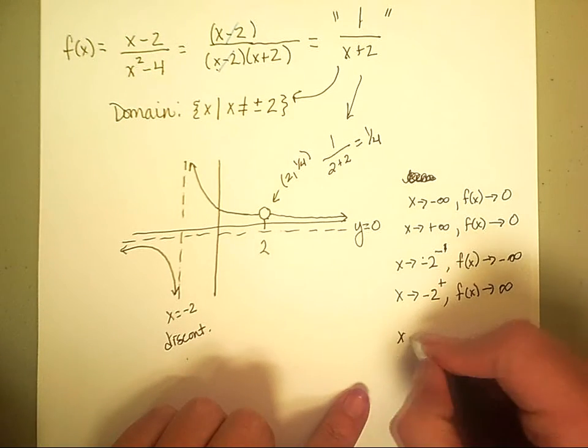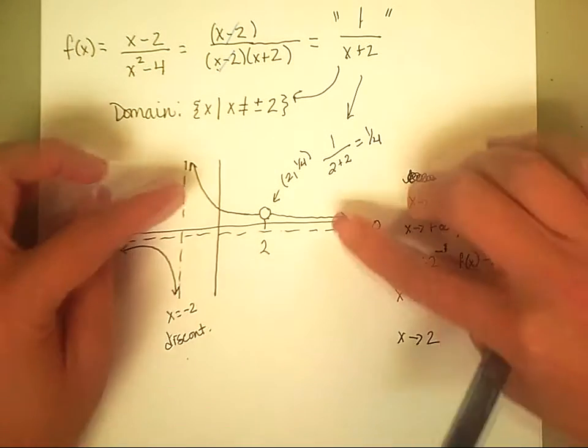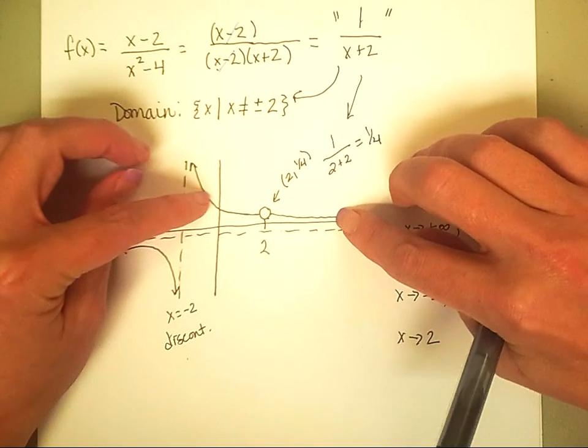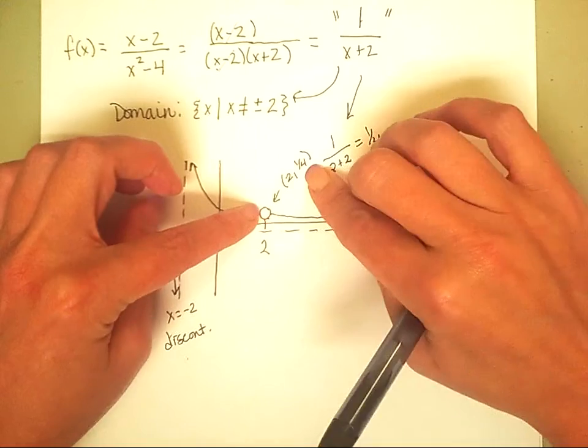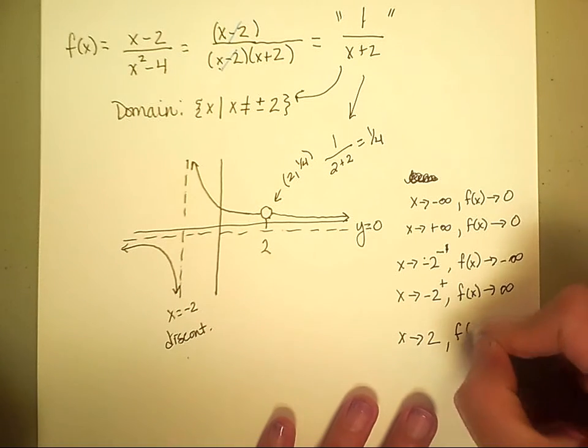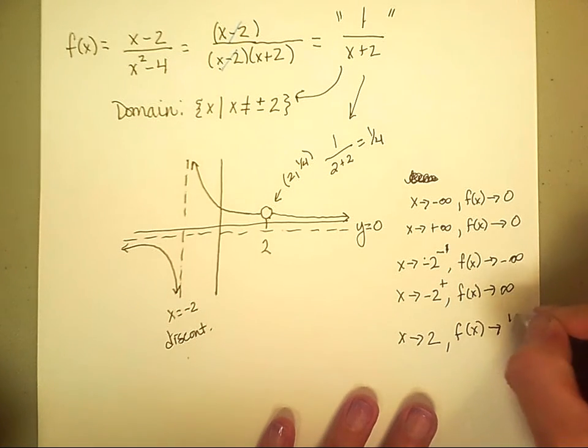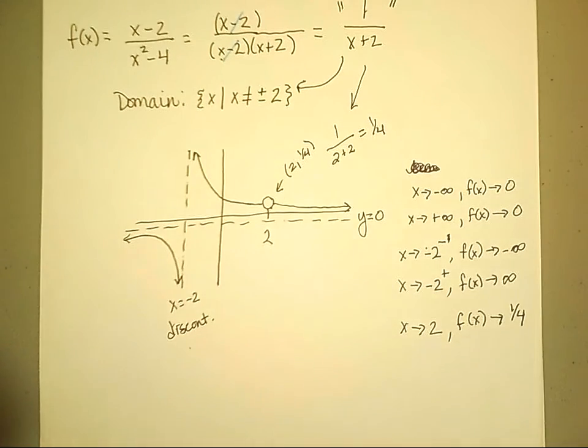Now, on the other hand, we could ask what happens as x just approaches 2. That just means I'm looking from the right and the left-hand side. And the function's value is approaching the same thing, 1/4.